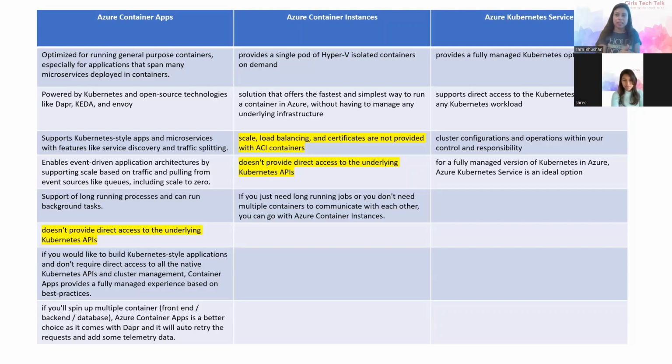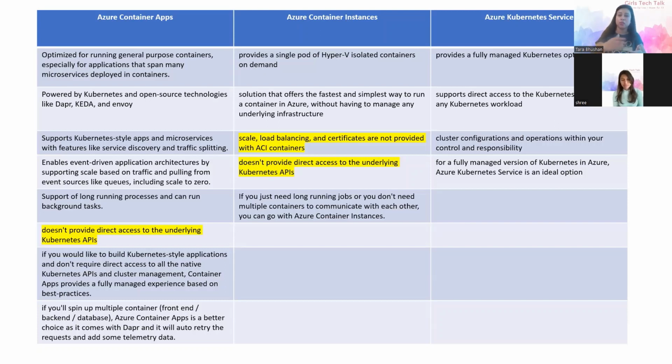I'll start with AKS. When your organization has an application containing lots of services that communicate with each other, and you want full orchestration of these services in containers, then AKS is something you should be using, because it provides the Kubernetes API by which you can control the whole cluster configuration.